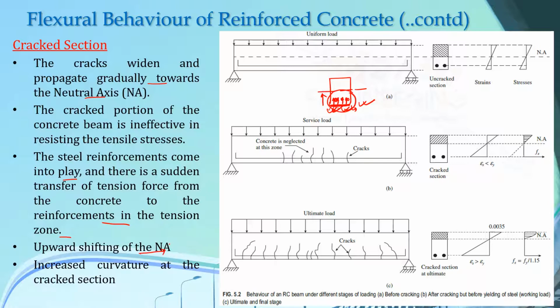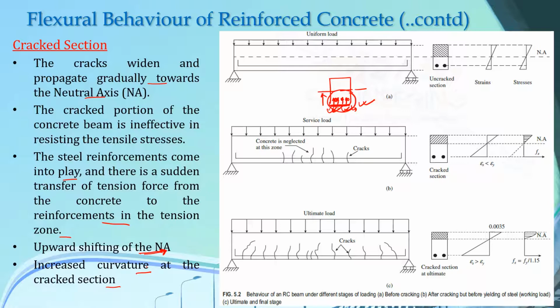We will look in detail about the depth of our neutral axis when we derive the analytical expression for the flexural behavior. But just remember that as the cracks widen and propagate towards the neutral axis, the neutral axis also shifts in position and there is an increased curvature at the cracked section.